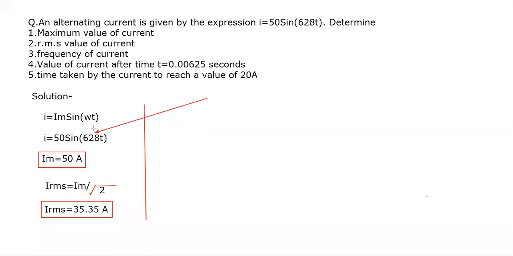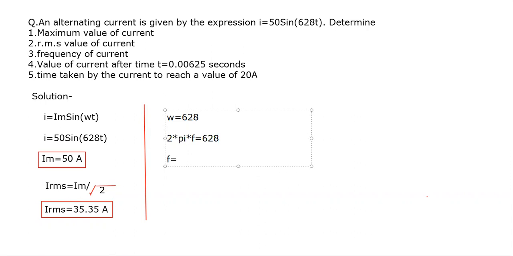Omega is equal to 628. We know omega is what? 2 multiplied by pi multiplied by f, 2 pi f, angular frequency, it is equal to the given 628.